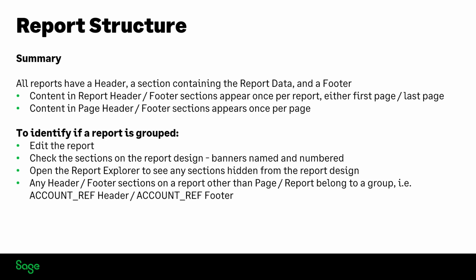You see that by the grey banners, which are named and numbered. And then check the report sections in the Report Explorer panel as well. Some sections may have been hidden from the design of the report. If you see any header or footer sections except page headers, footers, or report headers and footers, the report is grouped. A common example you'll see across many of the standard reports will be account ref headers and footers.